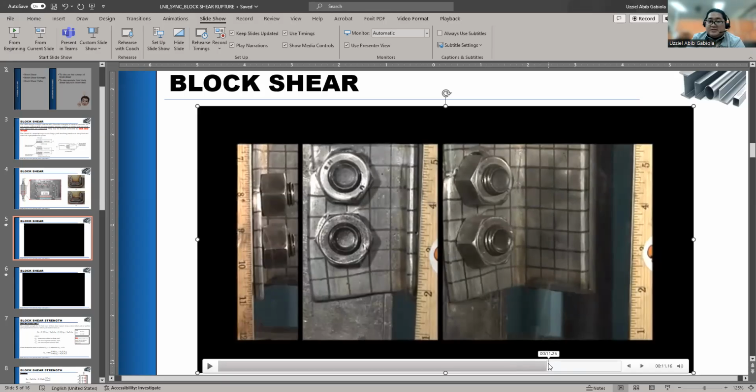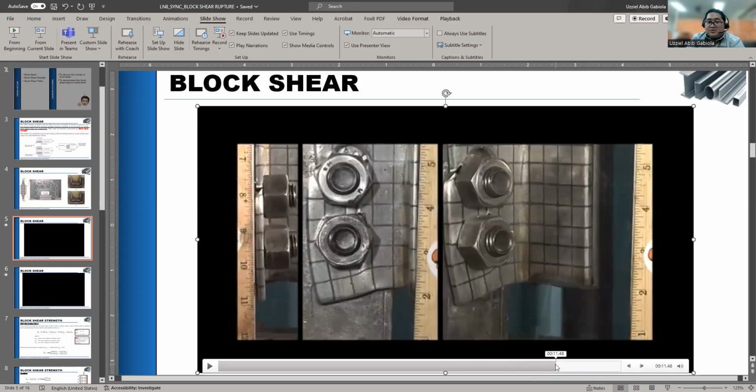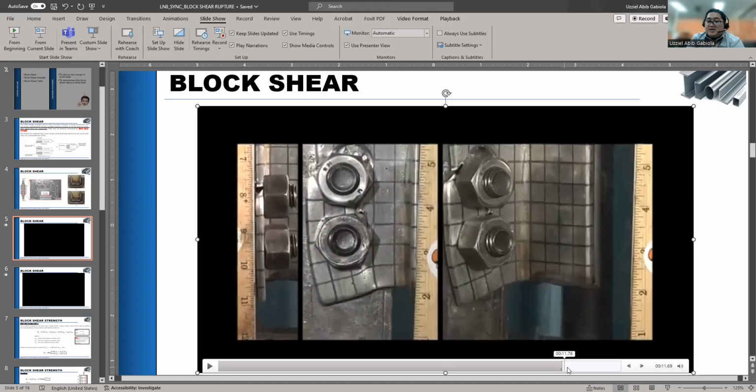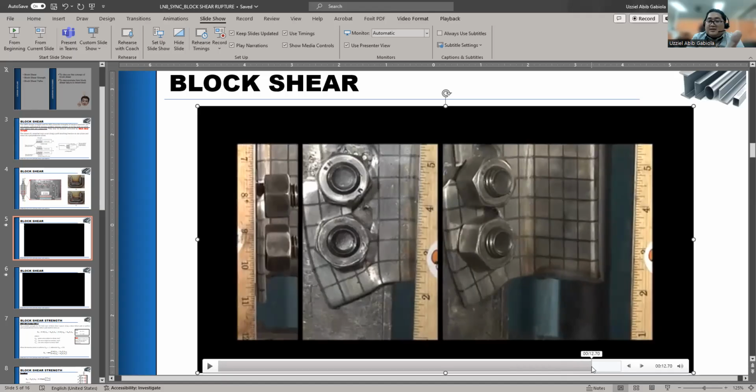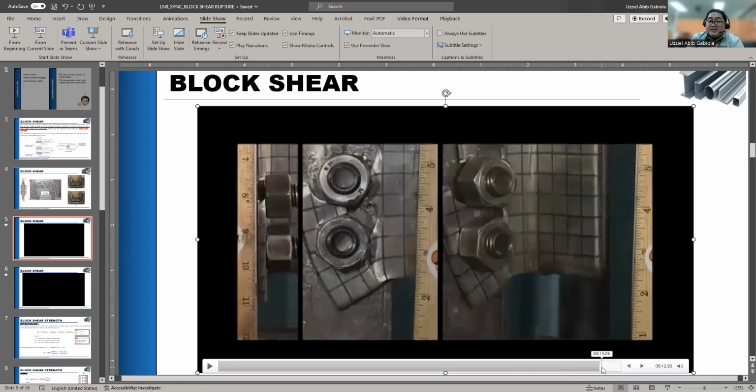Pero since yung manifestation ng cracking natin, ng fracture natin is dumiretso pababa dito, ibig sabihin, mas nag-govern yung block shear failure sa kanya. And as you can see dito, napupunit na siya pababa. And eventually, may matatapyas na block portion dun sa steel material natin. That is block shear, ano?